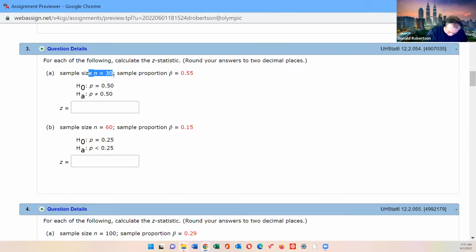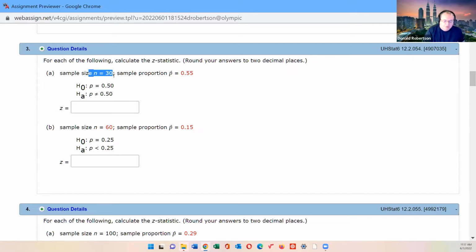So everything that you need is there. And I'm just writing them down again. So I know the sample is 30. I know p-hat is 0.55. I'm being told H0 and HA. And they want me to get the Z-score, right?